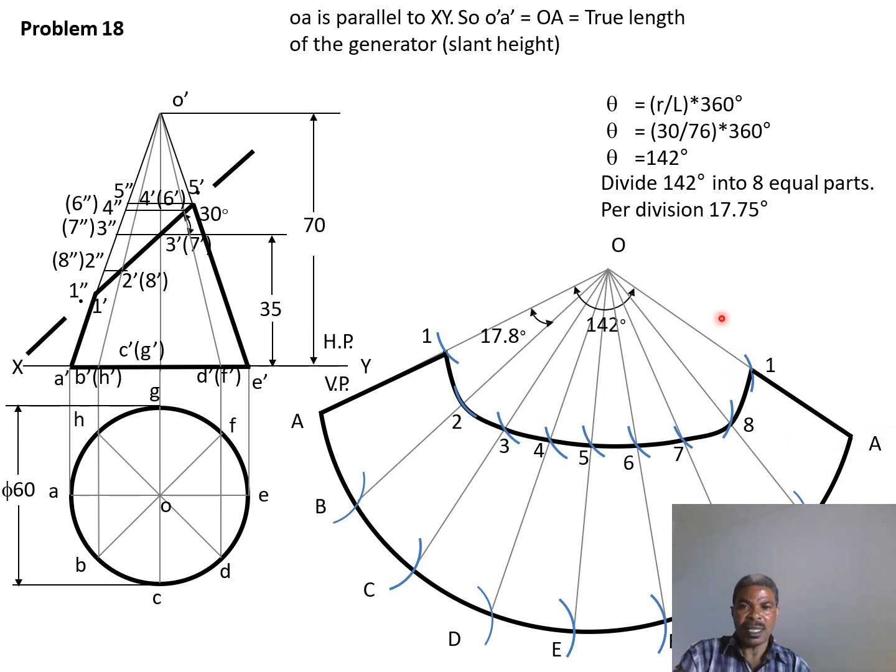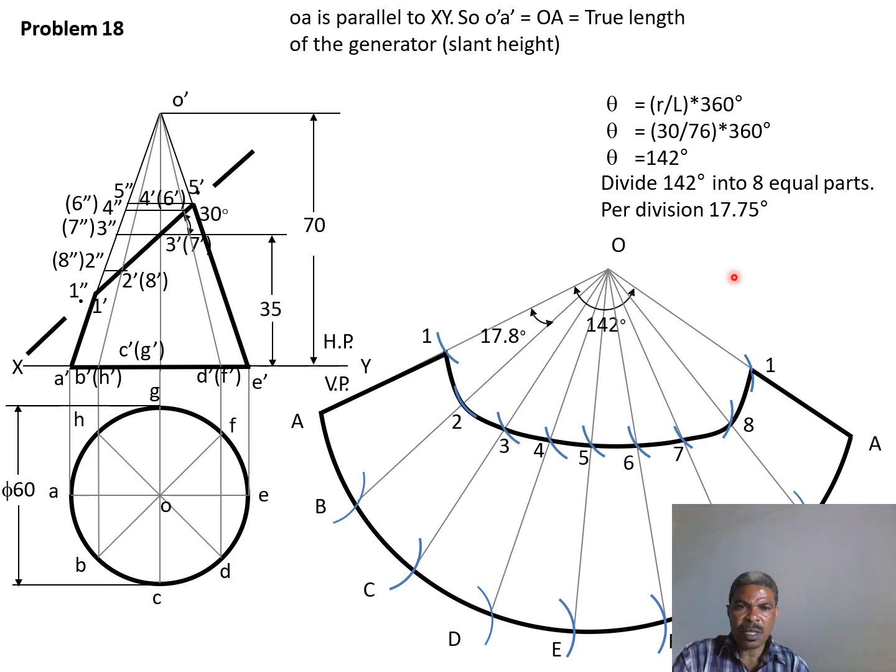So it means that the R is the radius for our diameter, and the L is the slant height of our cone.